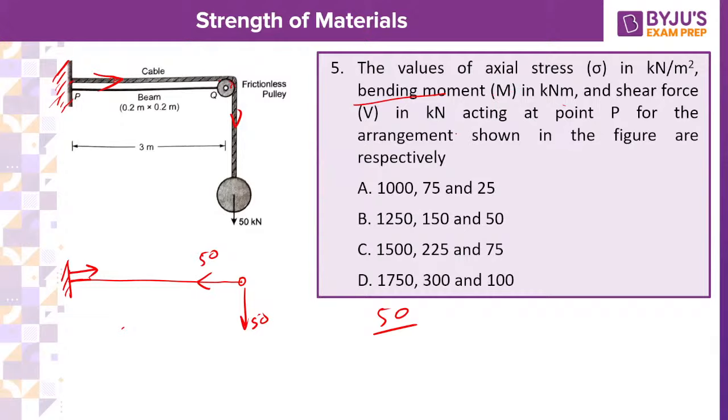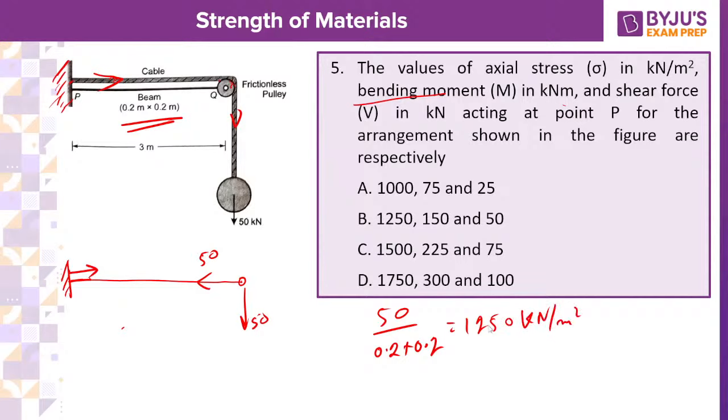Area is not given. There is an area given for the arrangement shown in the figure. Oh, area is given, sorry, 0.2 by 0.2. So the axial stress you will be getting is around 12.5, so 1250 kilonewton per meter square.